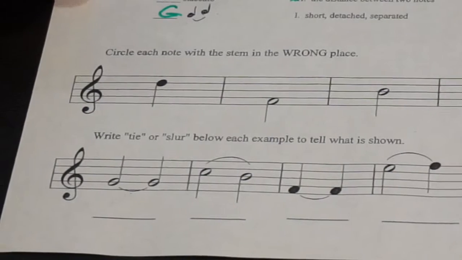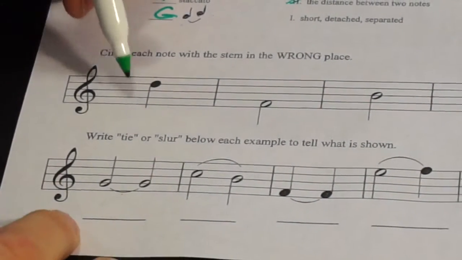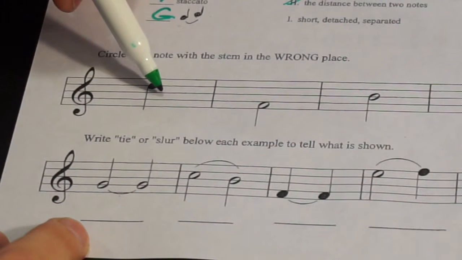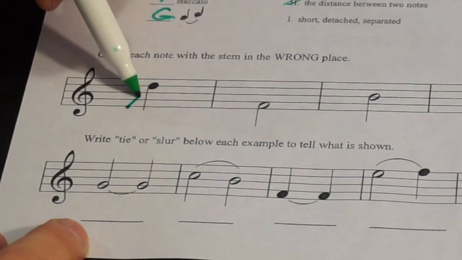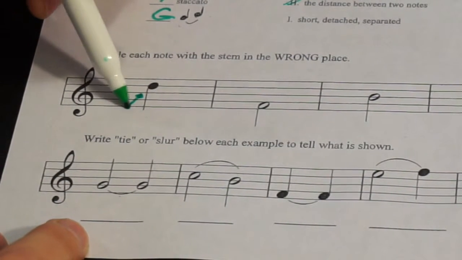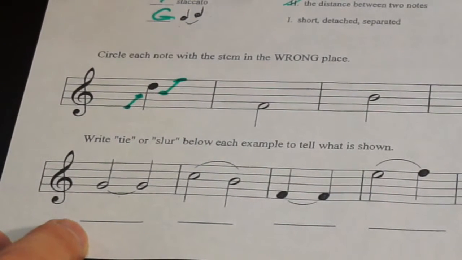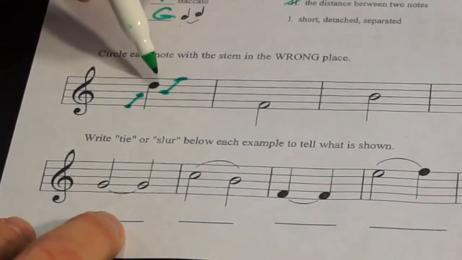Moving on here. Circle each note with the stem in the wrong place. Now this is where the stems can be going up or down, and they need to go up if they're on the lowest line up to this space, I mean. They need to go down if they're on this line going up to this line, okay? So let's look at this then. This one's going down, that's good.